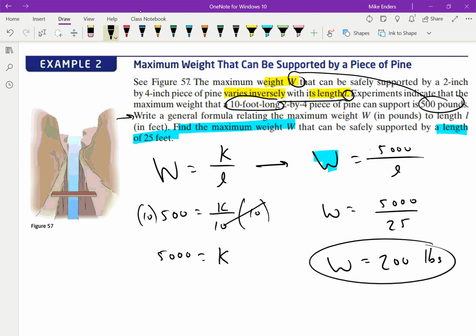So the maximum weight that we could support with a 2x4 that's 25 feet long under these conditions is 200 pounds. As we take a look at a graph of this, our graph would look something of this sort. So we have our length and our weight.